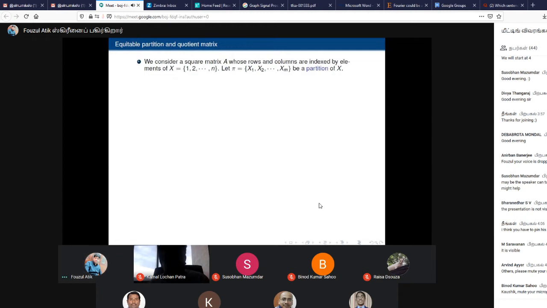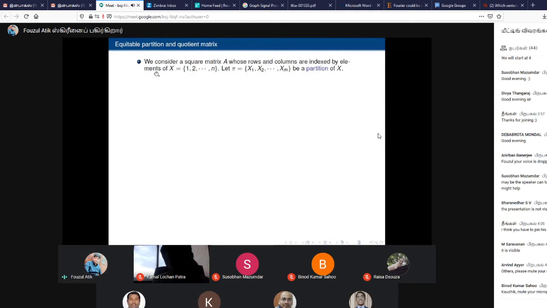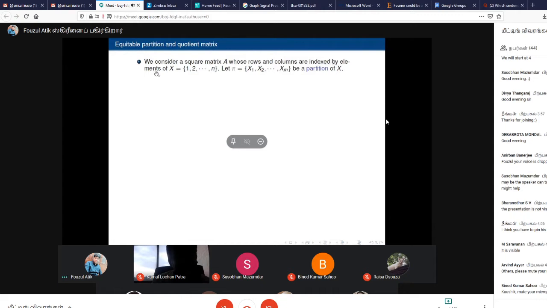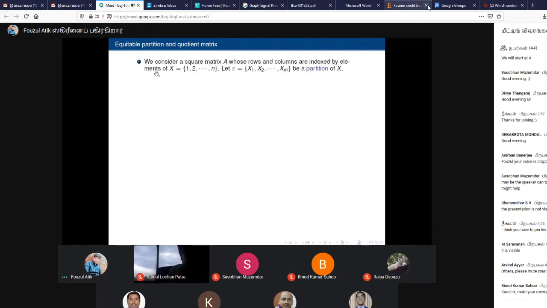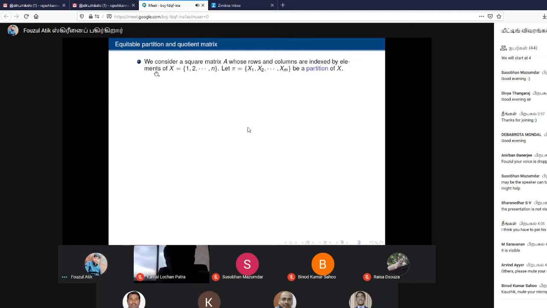Consider a square matrix A whose rows and columns are indexed by the elements of X, which are 1 up to n. Let pi be a partition of X, that means X1, X2, up to Xm are all subsets of X, and X is the union of X1, X2, up to Xm.